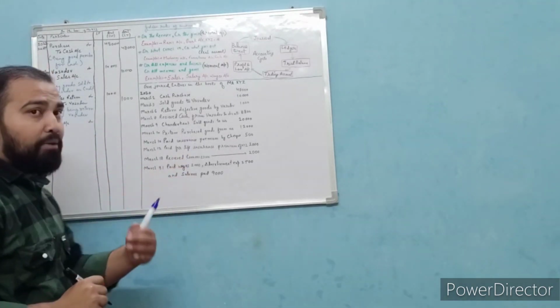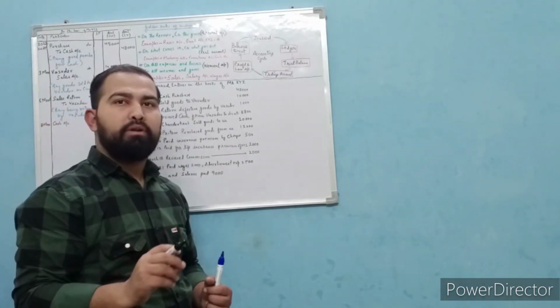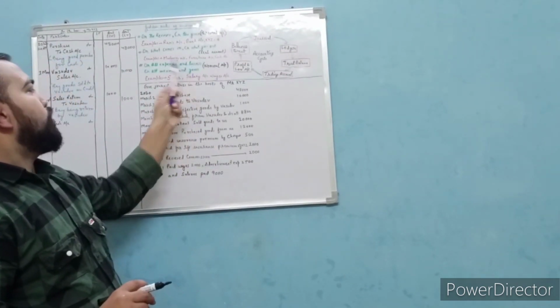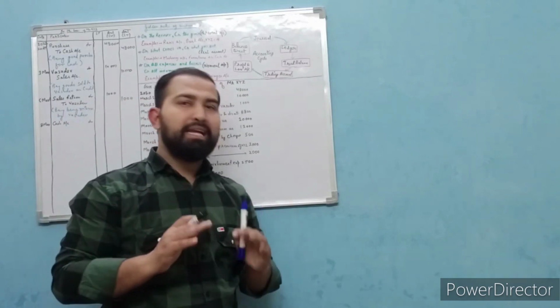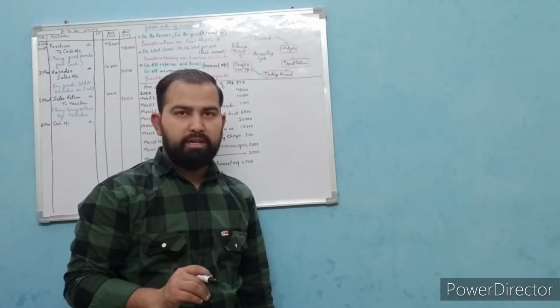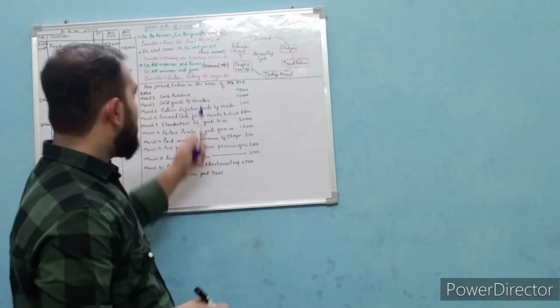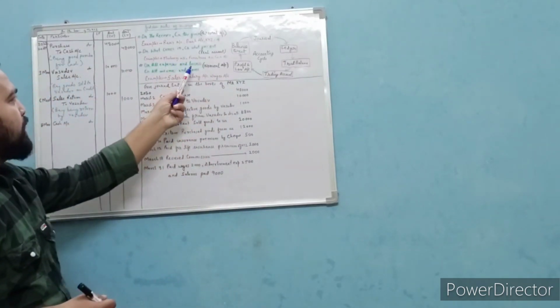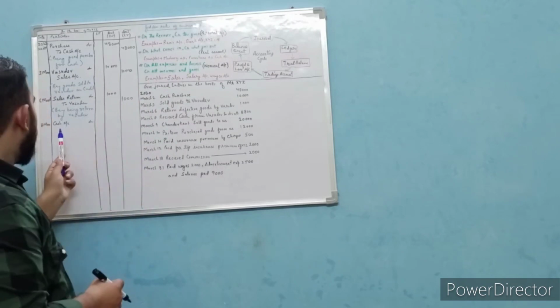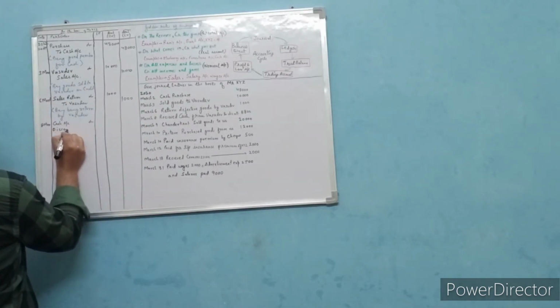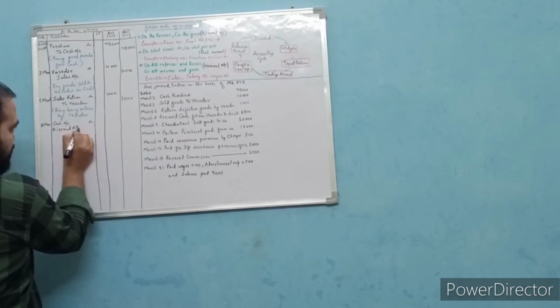Then we have allowed a discount to him. What is a discount? According to the rule of nominal account, discount is a loss for us. We have to take 9,000 rupees, but we have taken only 8,800 rupees. So 200 rupees is our loss. Nominal account says we have to write the loss on the debit side. So we write here discount allowed.